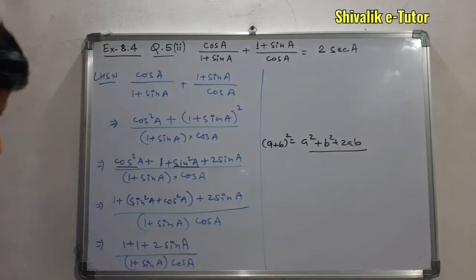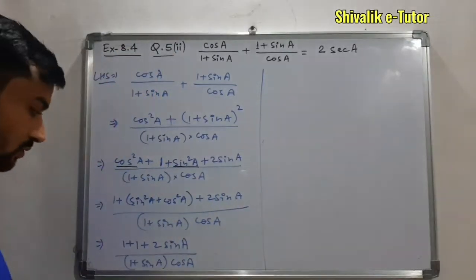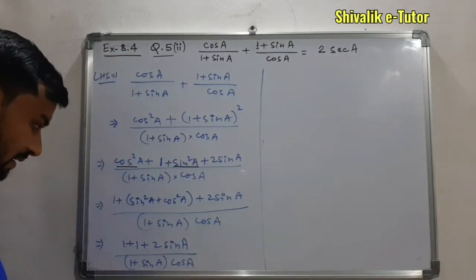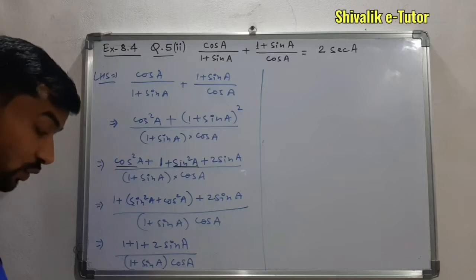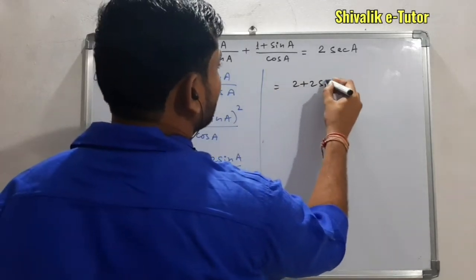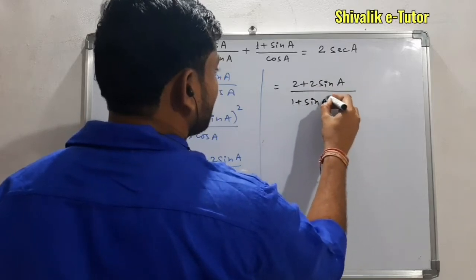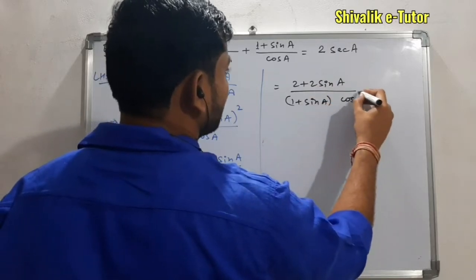This is the result that came out. Now look at this, 1 plus 1 is 2, so 2 plus 2 sin a upon 1 plus sin a multiplied with cos a.